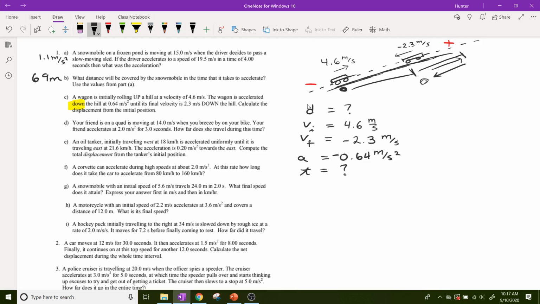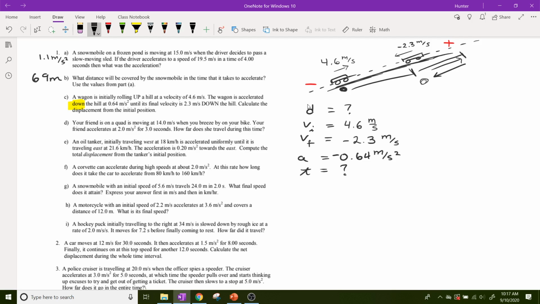So, do you want to solve for the time first, or do you want to solve for the displacement first? Actually, it's only asking for the displacement. It looks like part D is a completely different one. So if we can just solve for displacement, our job will be easier. Is there a kinematic equation that we can use that would just solve for displacement?